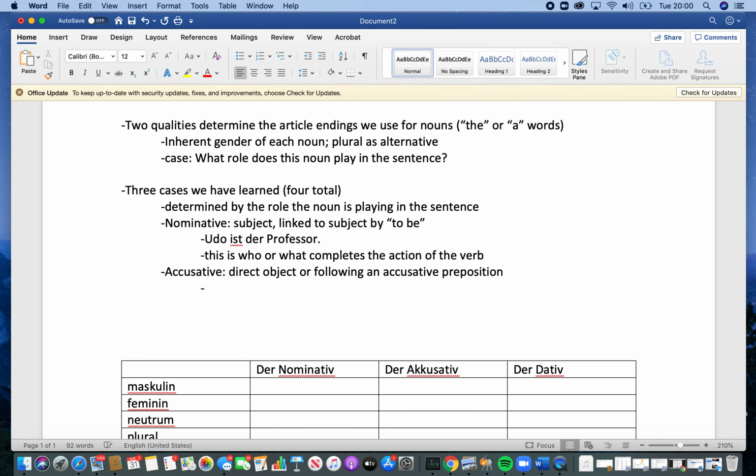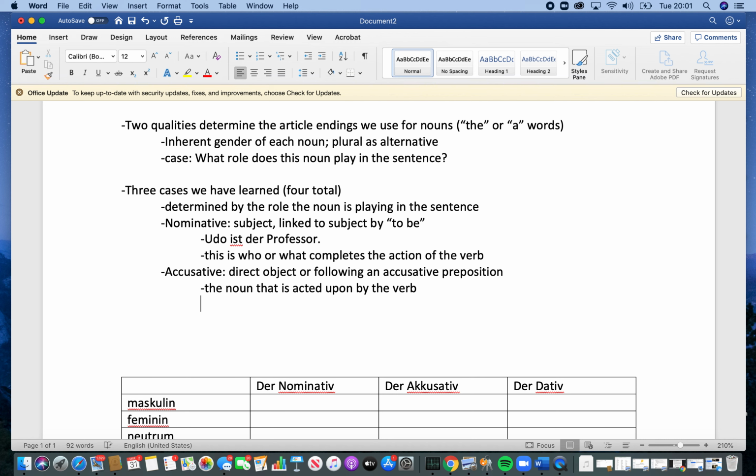So the direct object is the noun that is acted upon by the verb. So if I say, I like apples, for example, apples are the recipient of this liking. Apples are what is being liked.